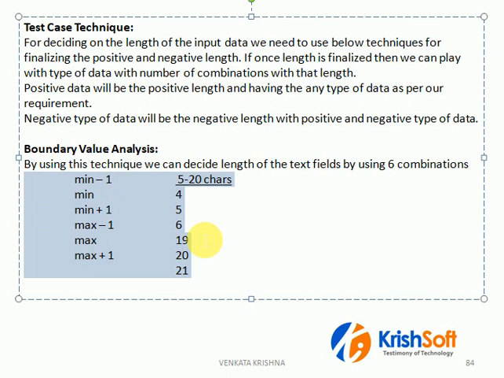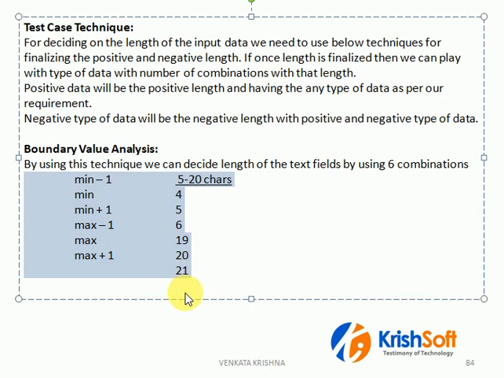These are the 6 cases I need to verify. I should not write 1 lakh test cases in this scenario. That is about the boundary value analysis technique. For any text field whose size you need to verify, you only need to write 6 test cases: minimum -1, minimum, minimum +1, maximum -1, maximum, maximum +1.